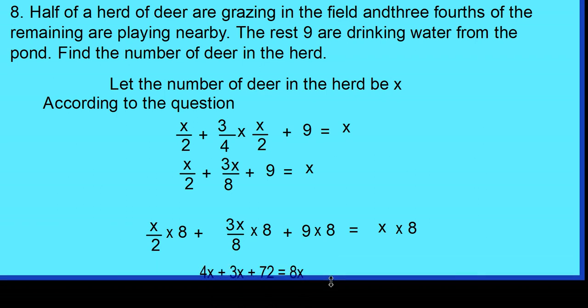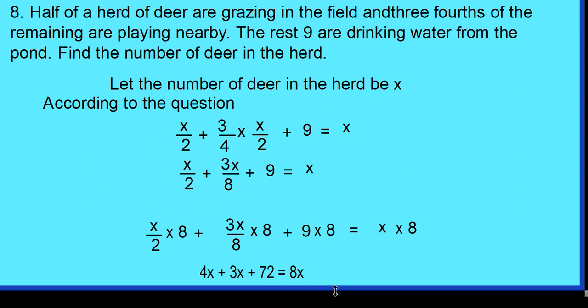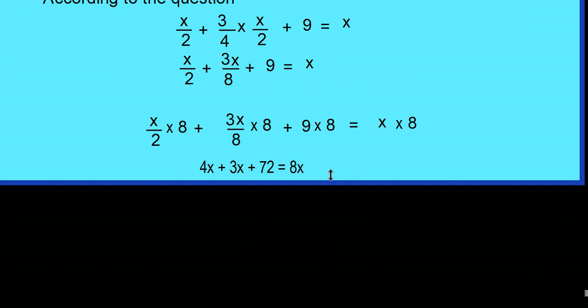So you can write it as 4x plus 3x plus 72 is equal to 8x. Now take the x containing terms to one side and the number 72 to the other side. So here 4x plus 3x, this 8x while transposing to the LHS, it will become minus 8x.